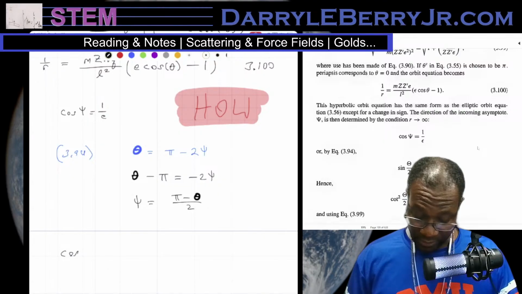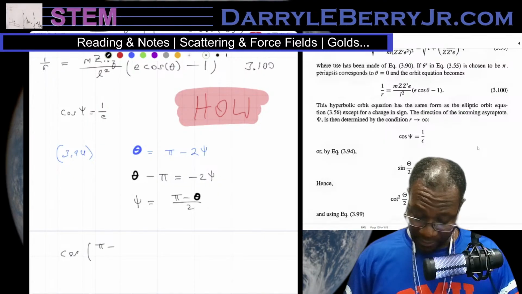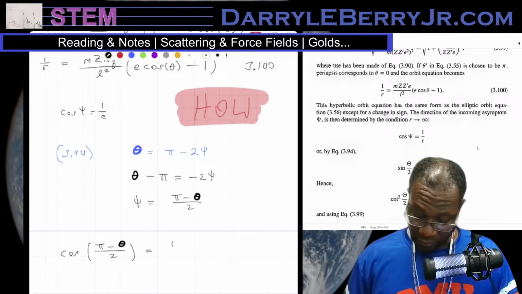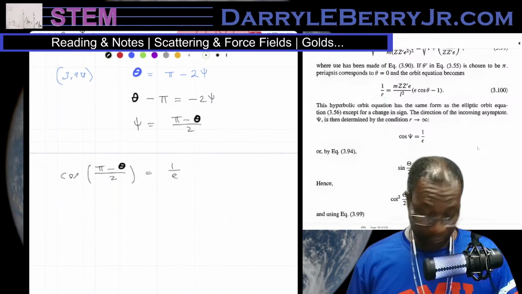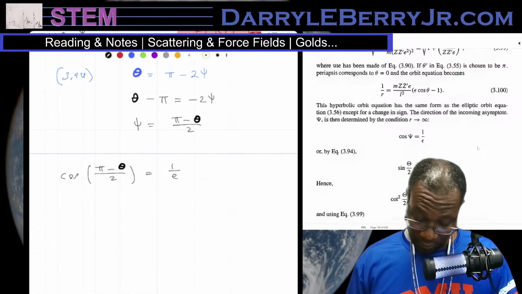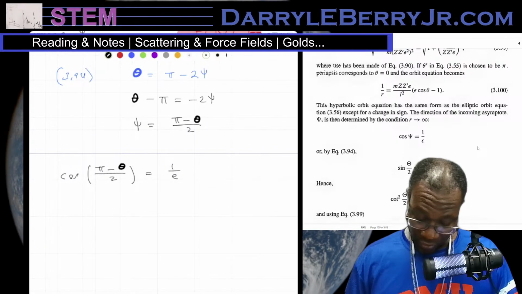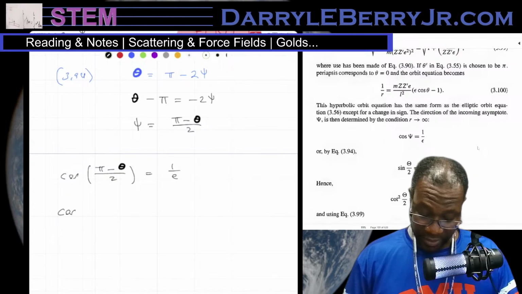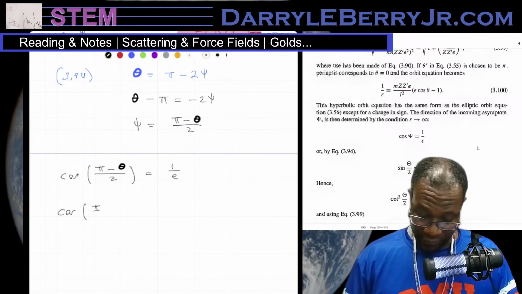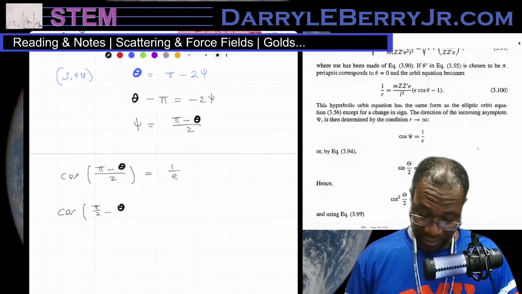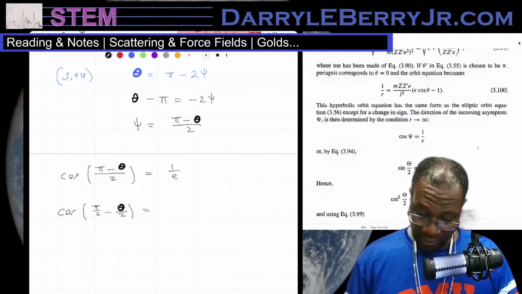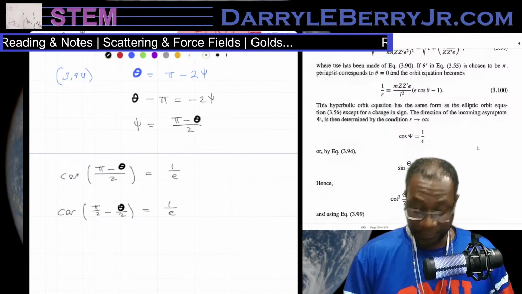So we have cosine of pi minus big theta divided by 2 equals 1 over eccentricity. So this is going to be cosine of pi over 2 minus big theta over 2 equals 1 over eccentricity.